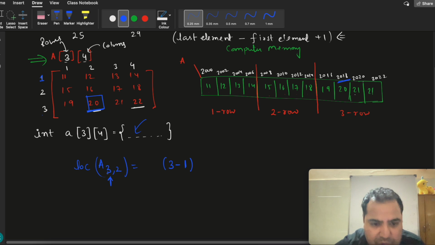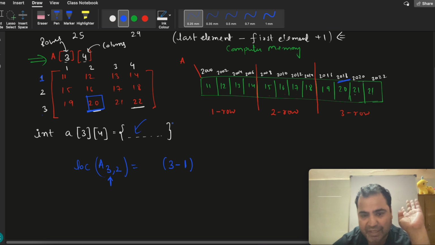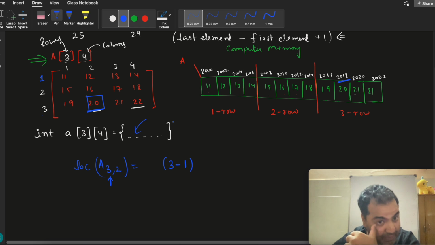And why I am showing it here as 3, because it will be related, right? I will develop a formula then. Now that is fine. I have to skip two rows, but I have to skip every column of that row also, right? So if the first row is having four columns, then I have to skip four columns, right?